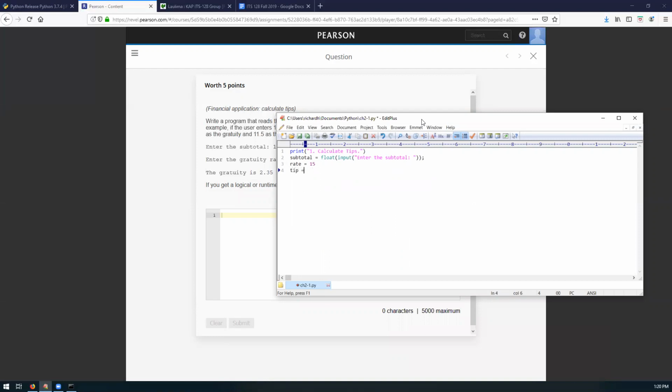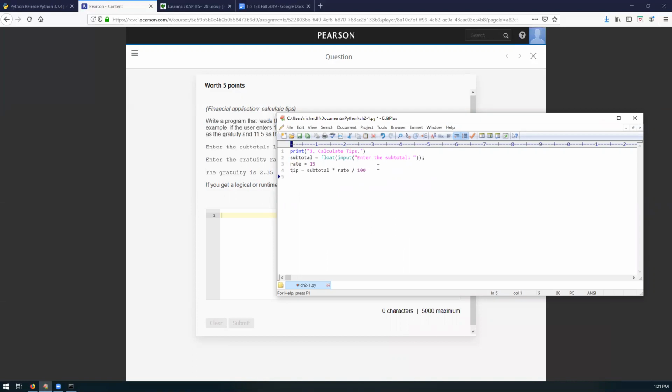Tip equals subtotal times rate divided by 100. Because 15 is not really 15, it's 15%, it's 0.15. So this is going to make it 0.15, and then this is going to multiply it by the subtotal. So that's going to give a tip amount.